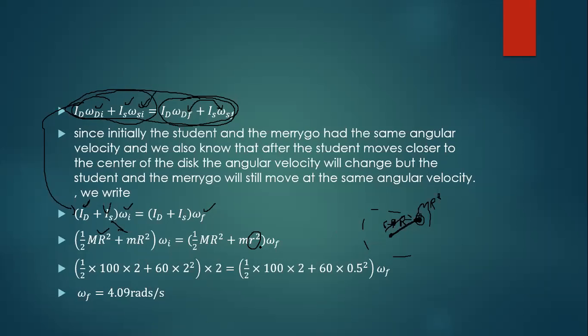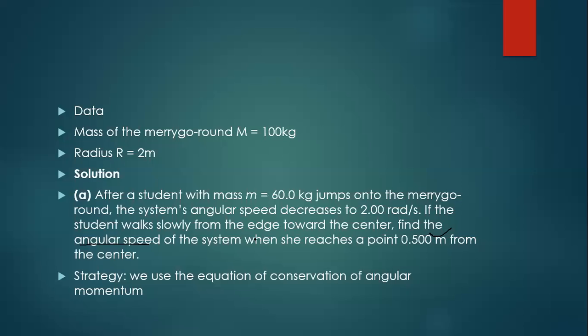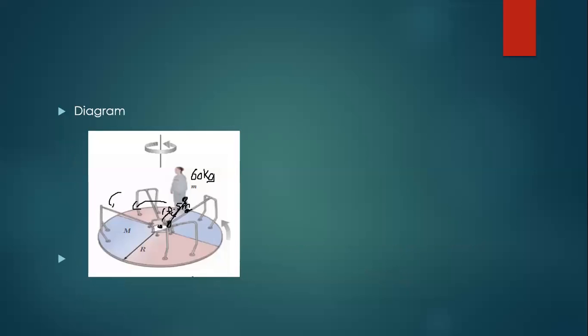No wonder we have indicated it by a small radius. So now using this small radius, we can compute. They told us that she moved to the point 0.5 meters from the center. So if she's 0.5 meters from the center, then her radius is 0.5 as she stands on the disk, moving closer to the center.